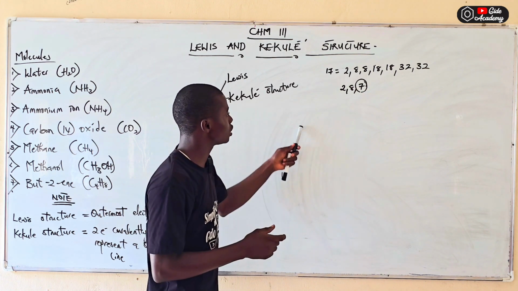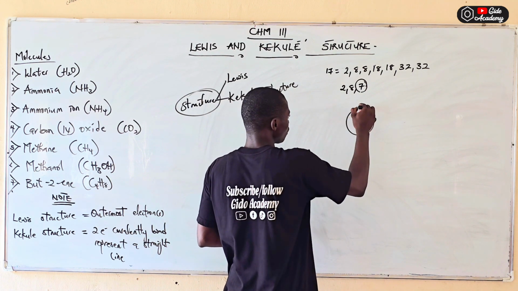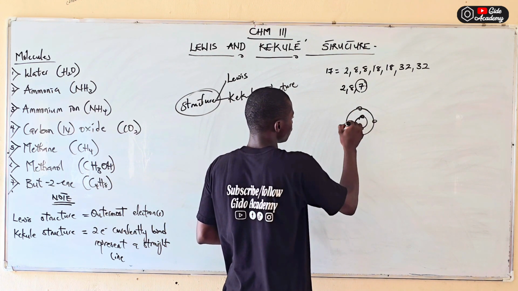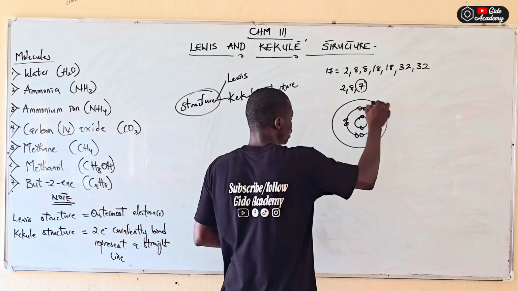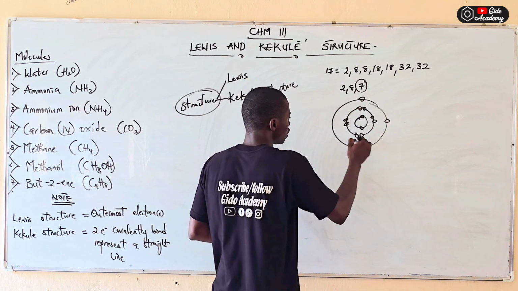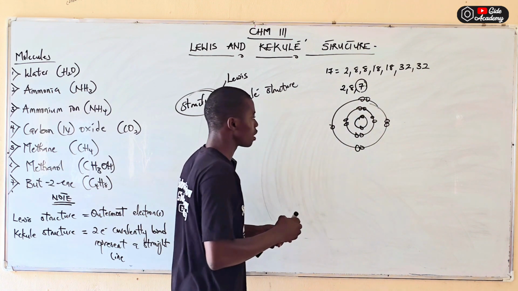If I want to draw this electronic configuration, I will have 1, 2, 3, 4, 5, 6, 7, 8, 9, 10, and I draw another shell again: 11, 12, 13, 14, 15, 16, 17.